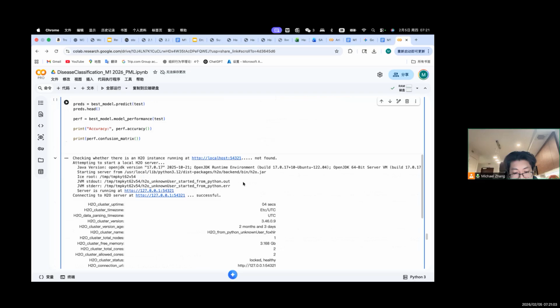GBM models are well suited for structured tabular data and are particularly effective in small to medium-sized datasets due to their robustness to noise, ability to handle class imbalance, and capacity to learn complex feature interactions automatically.